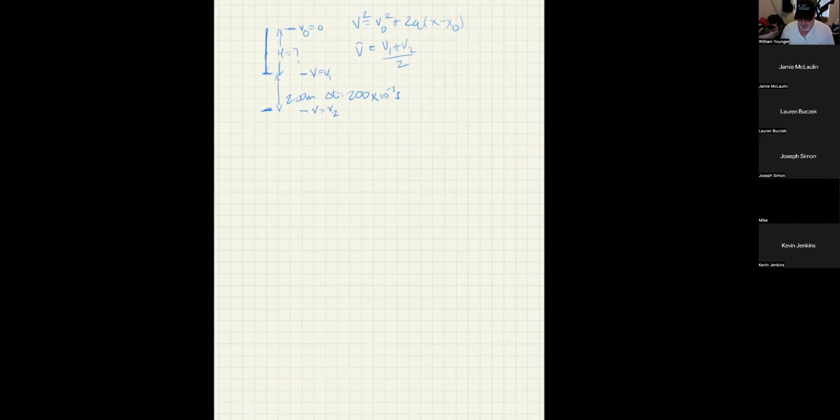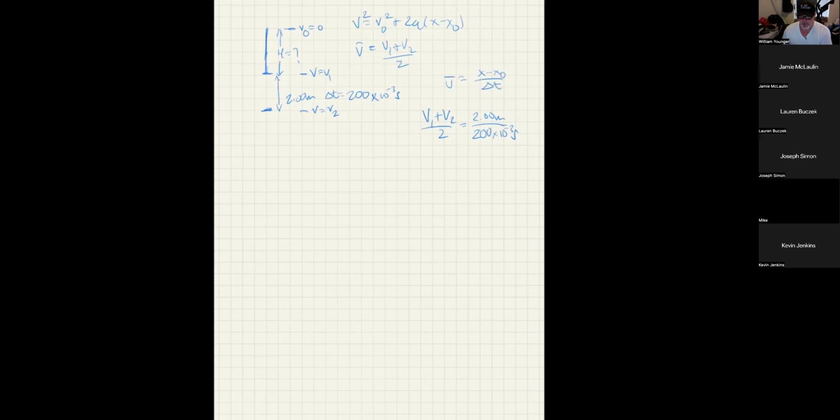So I know that the average velocity going past the window is (v1 plus v2) over 2. And that has to equal 2.00 meters divided by 200 times 10 to the negative third seconds, because the other formula for average velocity is (x minus x0) over delta t.